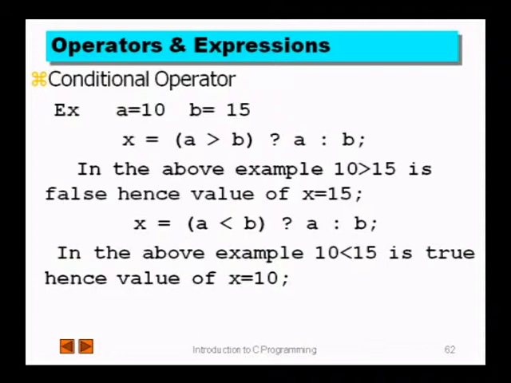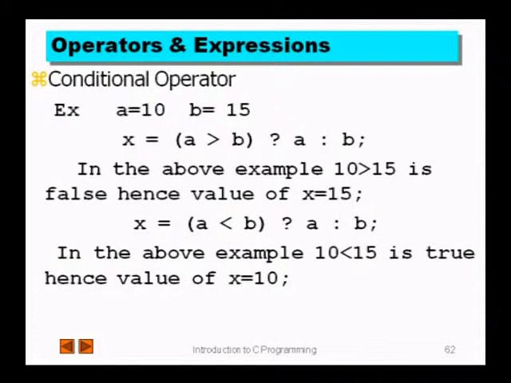Next, in the same example, suppose we have A less than B: x is equal to A less than B question mark A colon B. Here 10 less than 15 is true, hence the value of the expression becomes expression 2, that is A in this case.